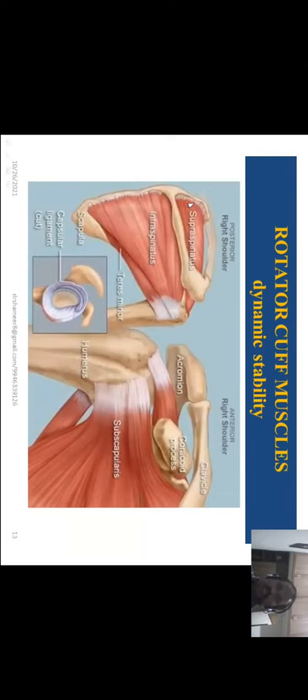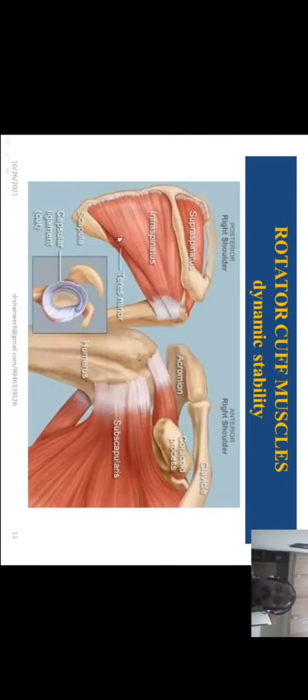The supraspinatus muscle originates from the supraspinous fossa beneath the acromial arch, and it inserts into the greater tuberosity. The infraspinatus starts from the infraspinous fossa and attaches to the greater tuberosity. Another one is the teres minor, from the lateral angle of the scapula to the greater tubercle.